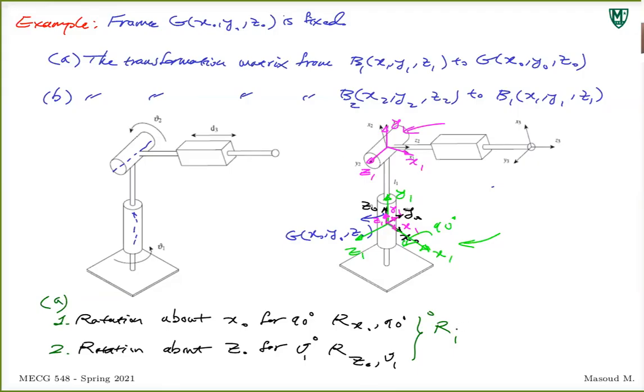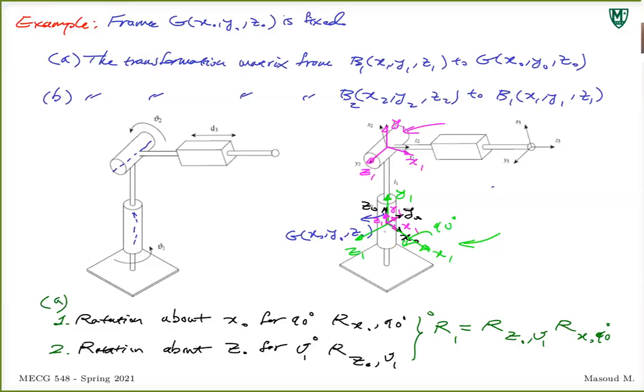So you get the R01 here, and that one would be R. You start from the end, R Z0 V1 times R X0 90 degrees. You get that one. Then once you get that one right, let me see if I can draw it here.